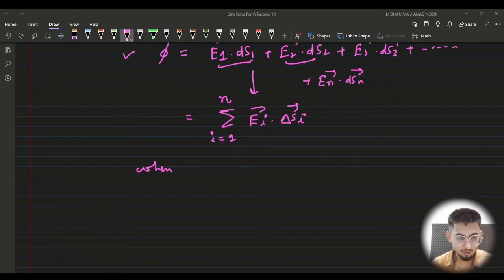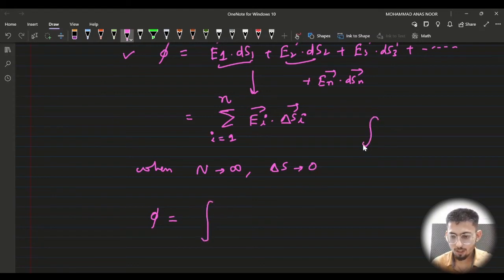So in practical cases, when n is infinity, and delta s, we know that it tends to 0 when it is very small, then this summation reduces to an integral, because I told you that integration means add up, isn't it? Sum.